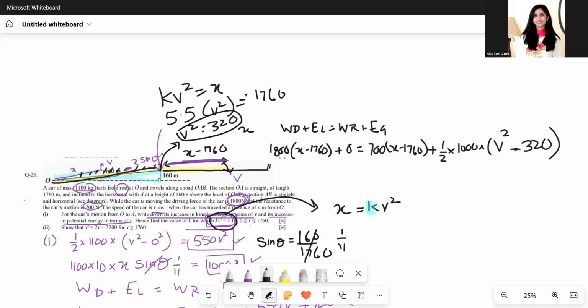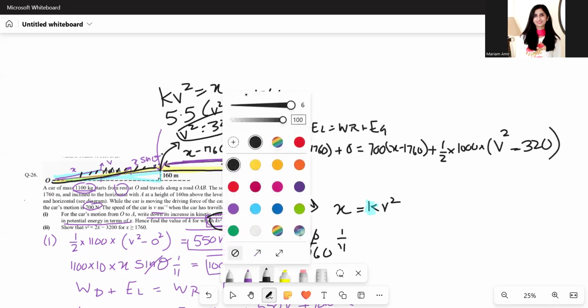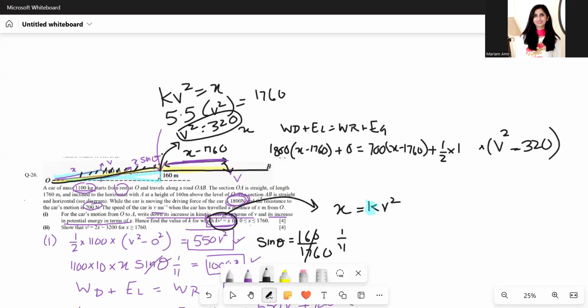Okay, m is 1100, so this needs to be fixed. So this becomes 1800x minus 1800 into 1760. It's a big value.